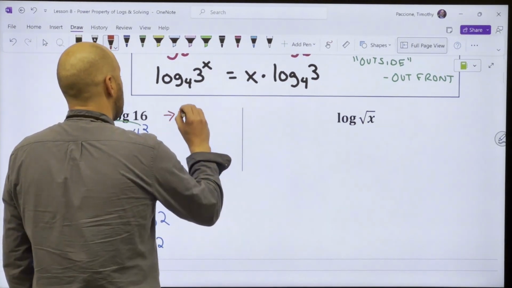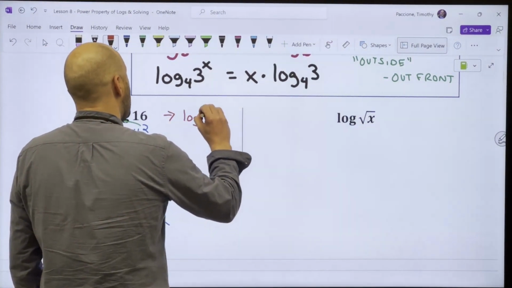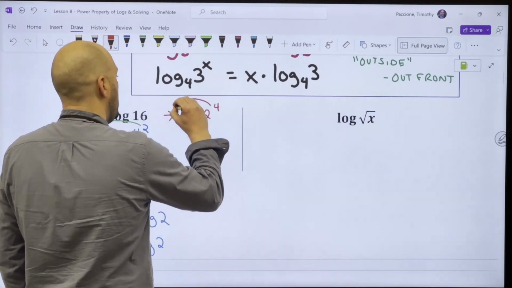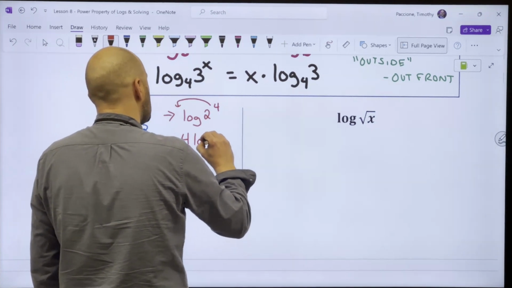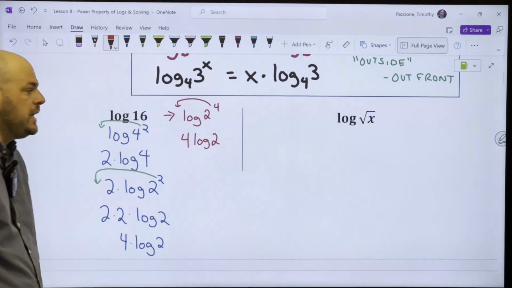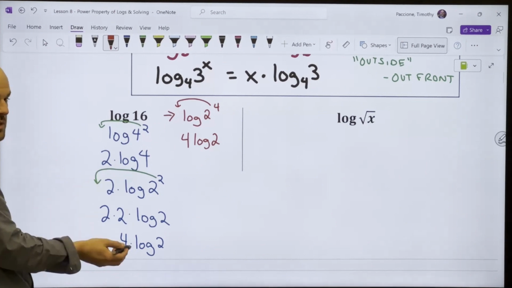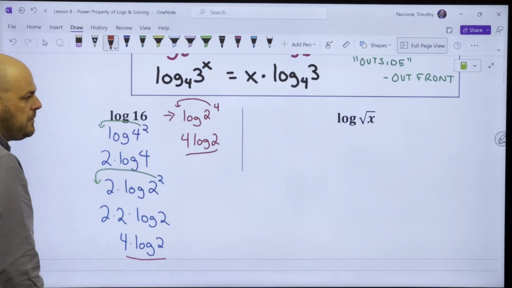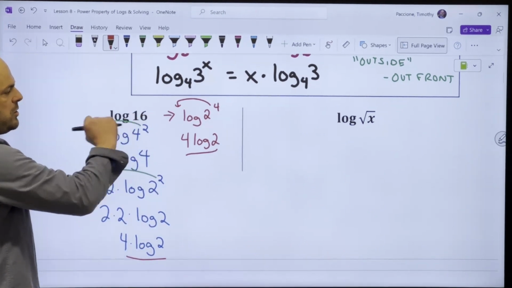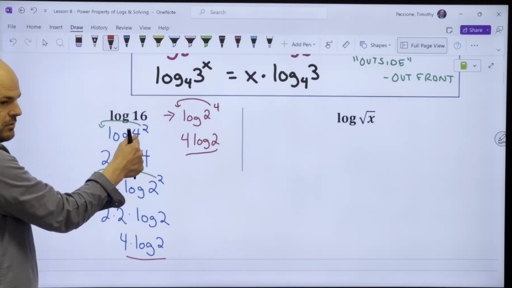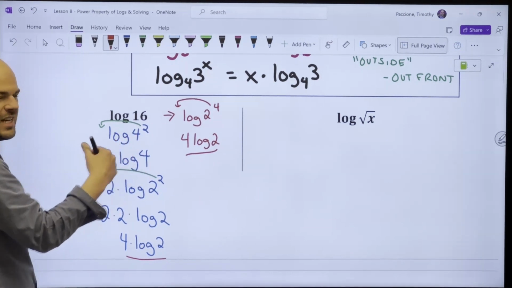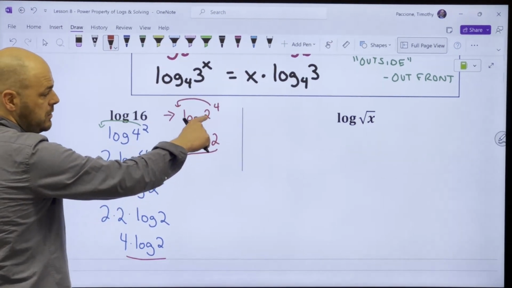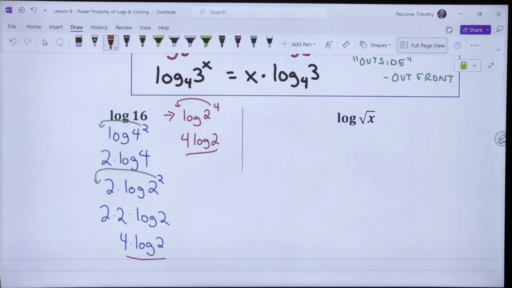So we could have recognized this right away and gotten log of 2 to the 4th from that 4 out front, and would have gotten 4 log of 2, the same answer, right? Now, it's totally fine if you do it in multiple steps, because look, we got to the same answer, right? 4 log 2, right? Now, if you're not sure where to get started, just get started. And you will see that, oh, I can keep simplifying, right? But if you see the biggest one right away, that'll save you some steps. Okay?